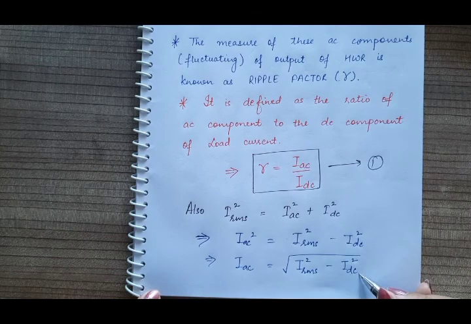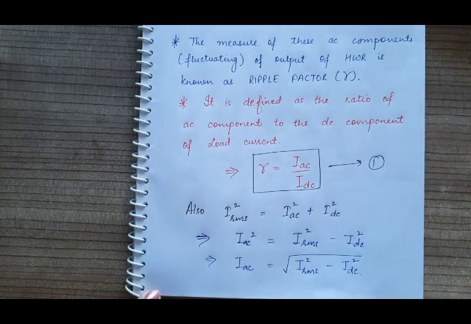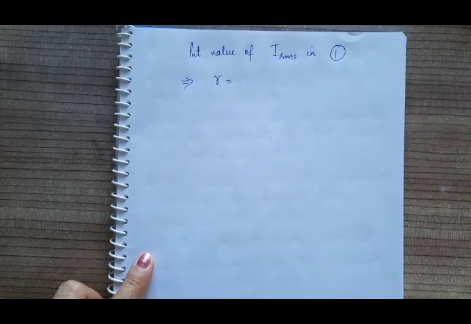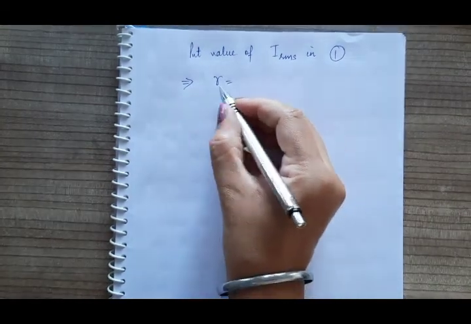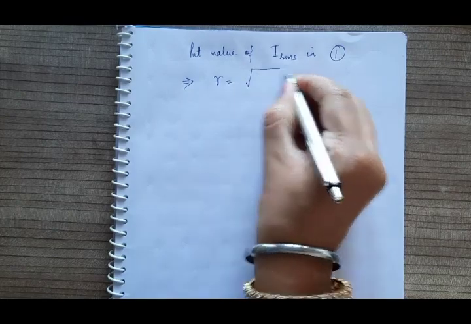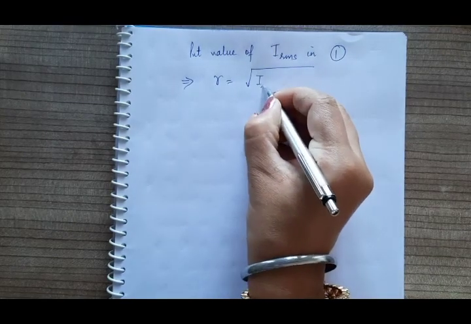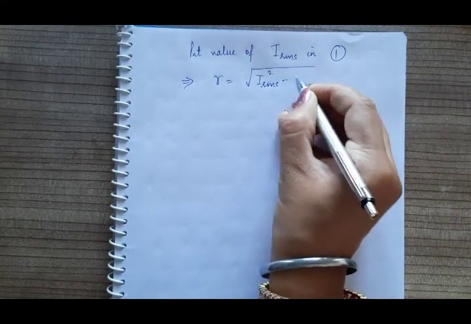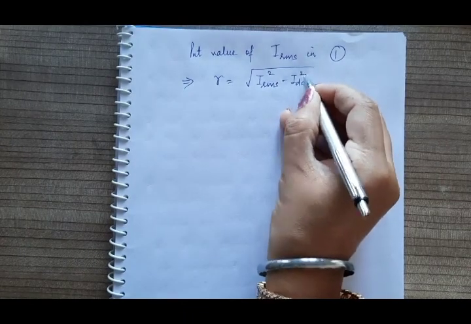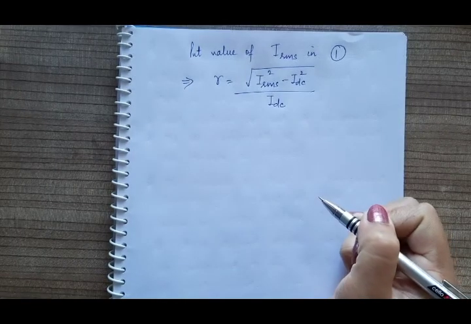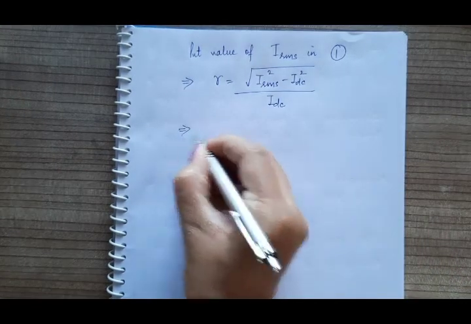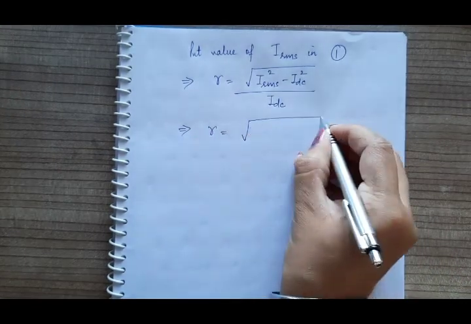Now put this value in equation 1. Putting the value of IAC, we will get gamma equal to the square root of IRMS square minus IDC square, divided by IDC. Now simplify this. How?